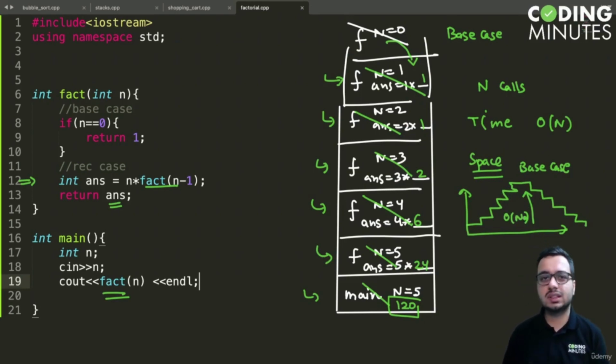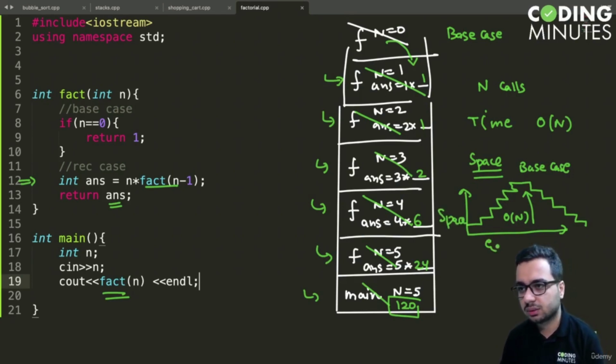So in the worst case, during this entire execution, this is space and this is time of execution. At a particular point the space utilization was maximum, so we would say the space complexity of this program is also order of n.